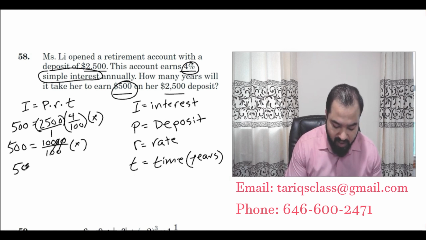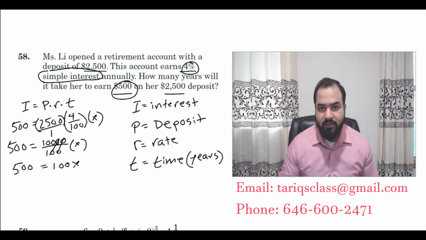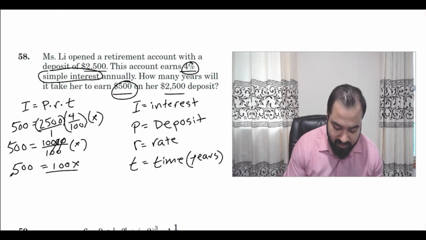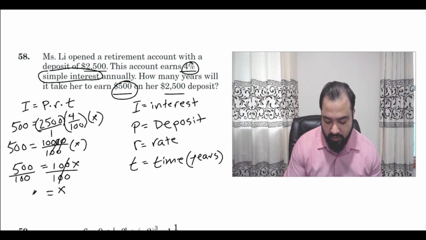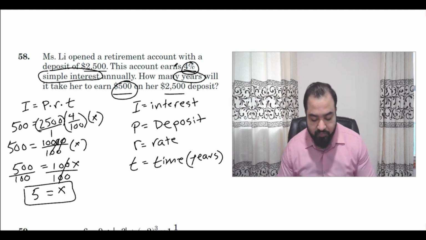So we have 500 equals 100X. Now what do we do next? Yes, divide both sides by 100. So the 100s cancel out, and X is equal to 5. And that's our time. That's how many years it will take.